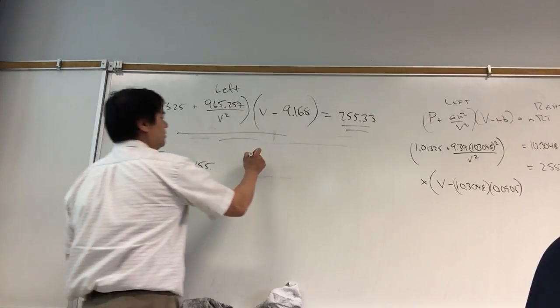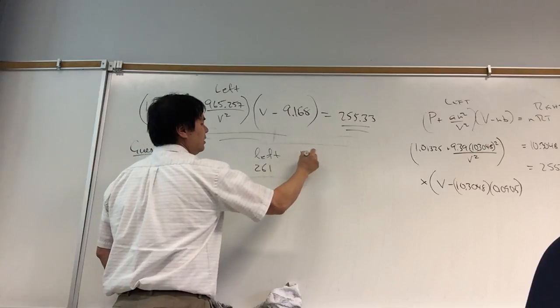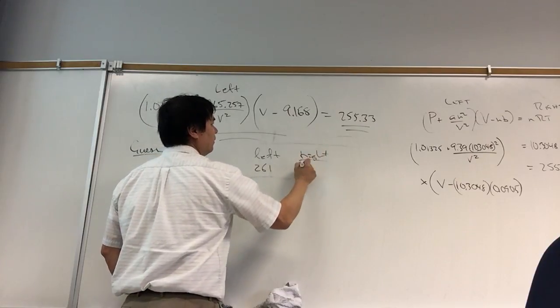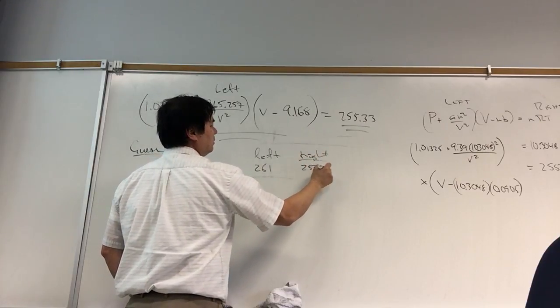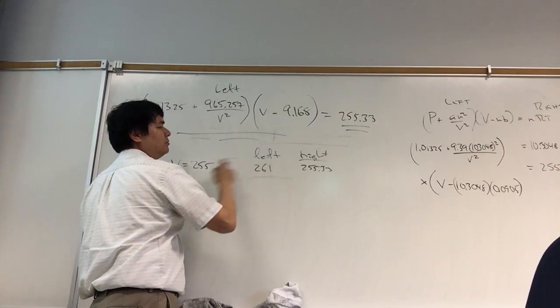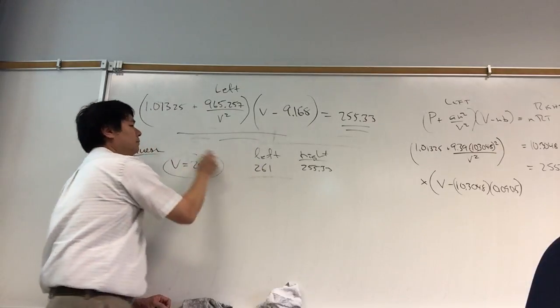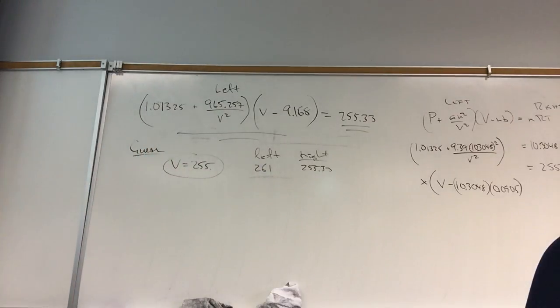So the left side is at 261, the right side is 255, which is just coincidental. This 255 and this 255 aren't the same thing. This is the volume. And so it's 261. Well, 261 is too big, right? The left side's too big, so how do we want to make it smaller?